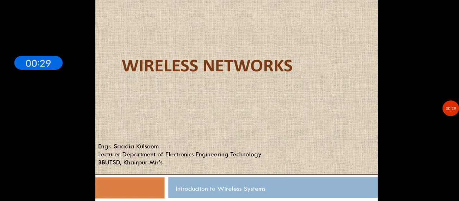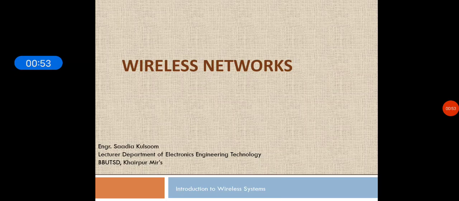They are sharing the information wirelessly. Wireless means without using any physical connection. So a wireless network means the connection of devices that are sharing information with each other without using any physical medium. That is a wireless network.